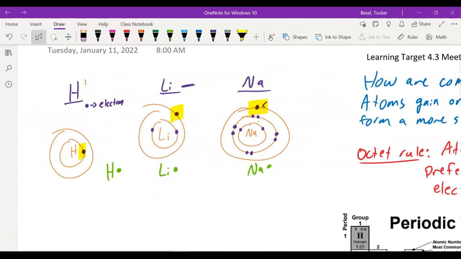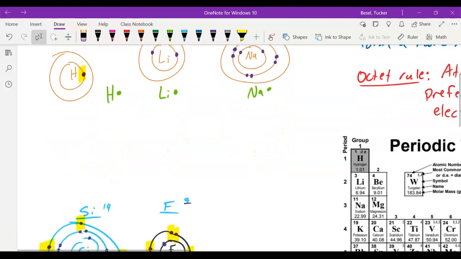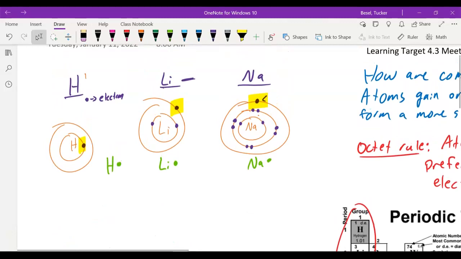So let's go over to these three examples that we went over in the last video: hydrogen, lithium, and sodium. These are three elements on the periodic table. One thing you might remember from last time is they all have one valence electron, even though they have different energy levels: hydrogen has one energy level, lithium has two, sodium has three. What we're really focusing on here are the valence electrons.